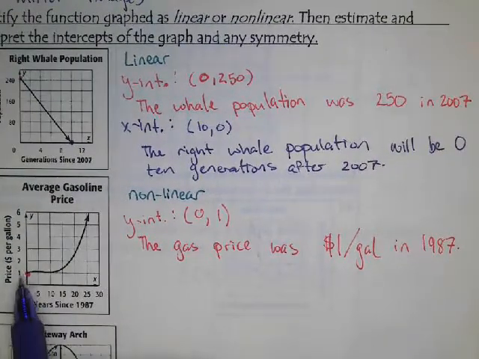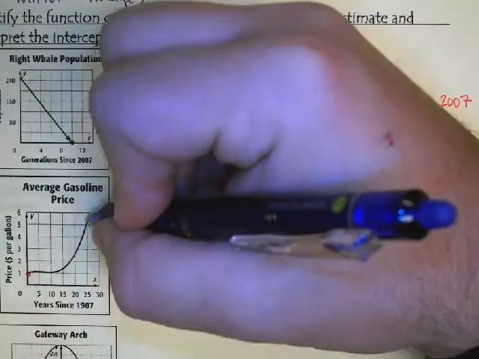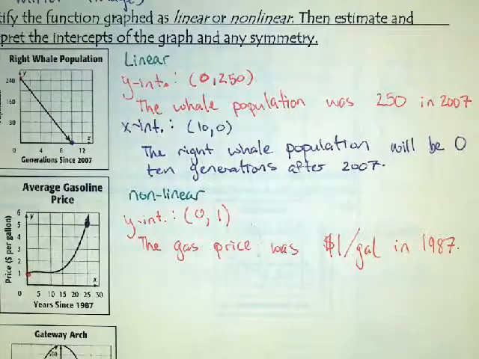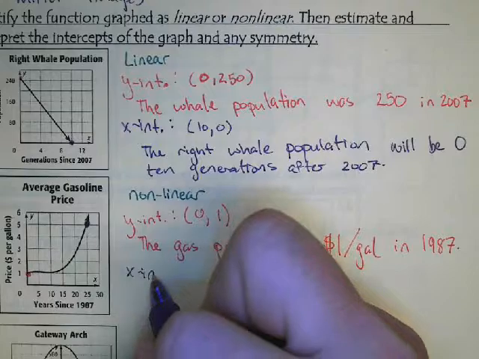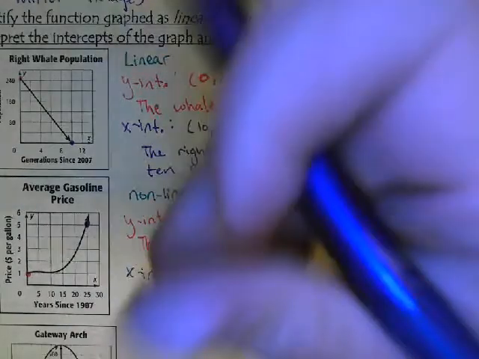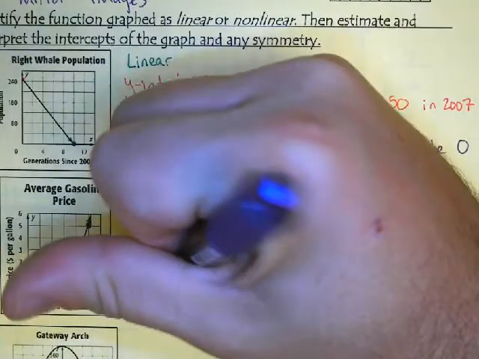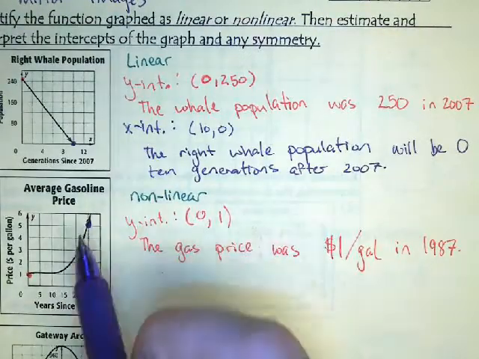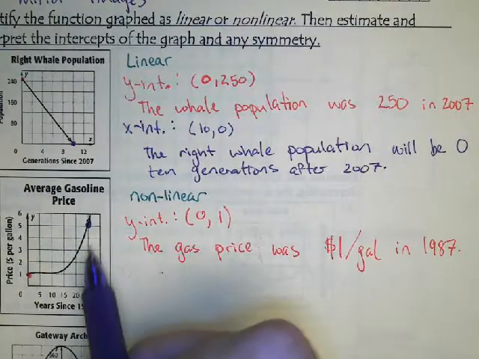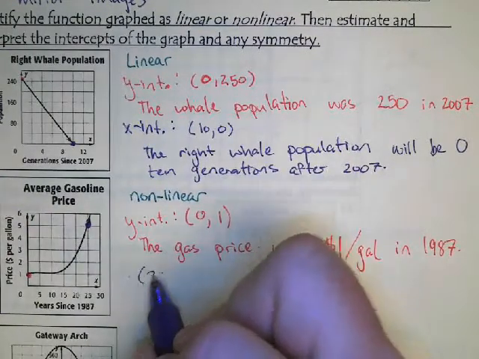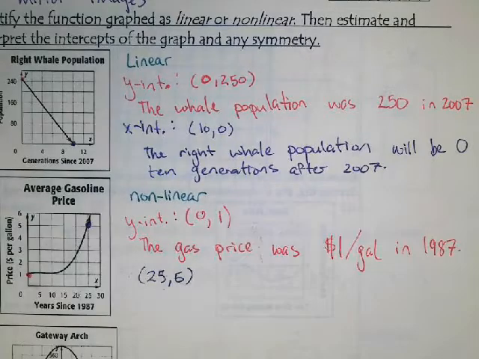Now the x-intercept's off the graph, but what we could do is talk about this point right here. We're not going to call it an x-intercept, we'll just call it a point of interest. So let's interpret this point right here, (25, 5). I want to interpret that point so we can really see how this works.